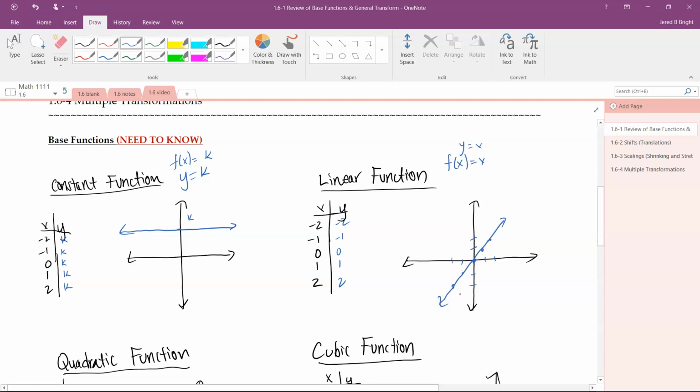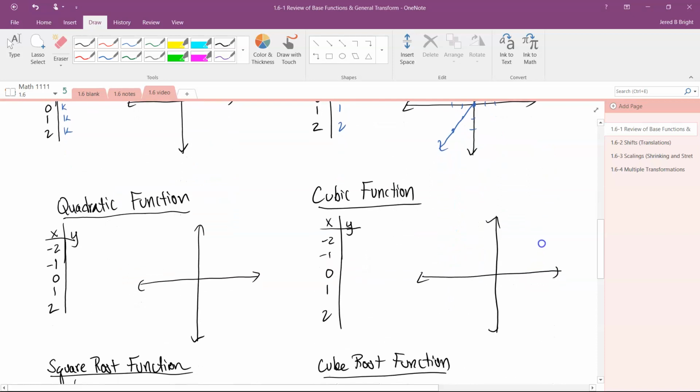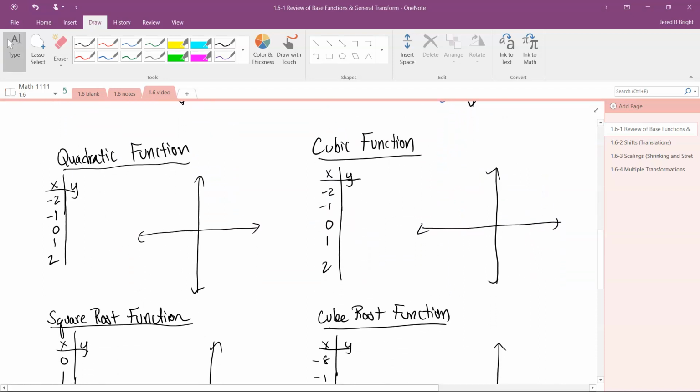Okay. Next type of function you need to know is quadratic. Okay, when we use quadratic, at least the parent or the base function is going to look like y is equal to x squared, or f of x is equal to x squared. Now there is a more general model, which we'll get to eventually, but this is the base graph. And so we see we end up squaring whatever the x is, so we get 0, 1, 4 for 0, 1, and 2 respectively.